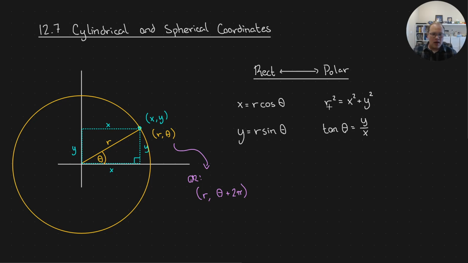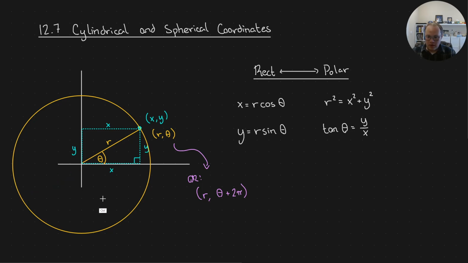And we can also take the radius to be negative. Now, in this case, the way we interpret a negative radius is a radius that goes backwards from where you're pointing, okay? So if I'm pointing this direction, if that's where my theta is pointing, if I have a negative radius, I actually take my point in this direction.